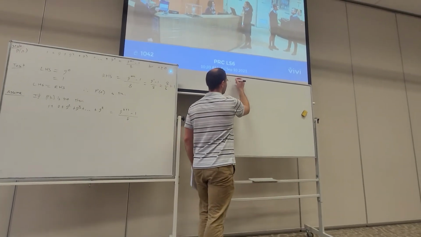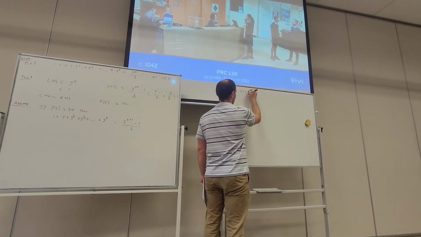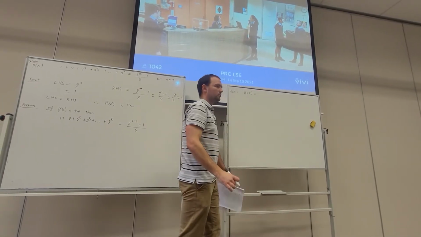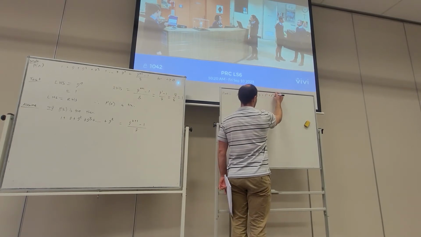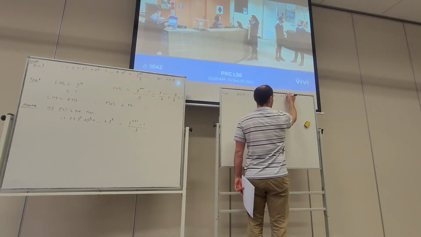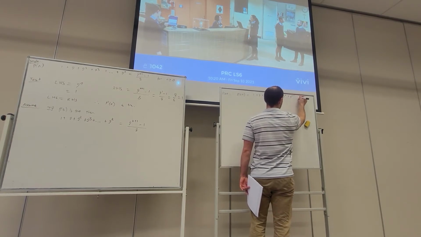So now we're going to prove P of K plus 1. And P of K plus 1 is going to be 1 plus 9 plus 9 squared plus 9 to the 3 plus 9 to the K plus 9 to the K plus 1.